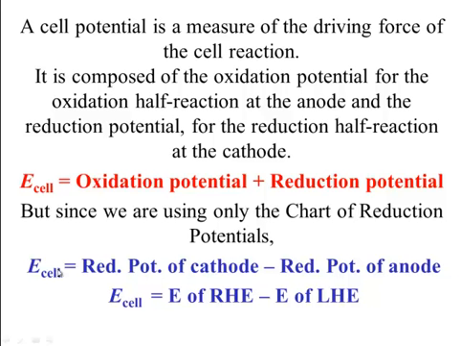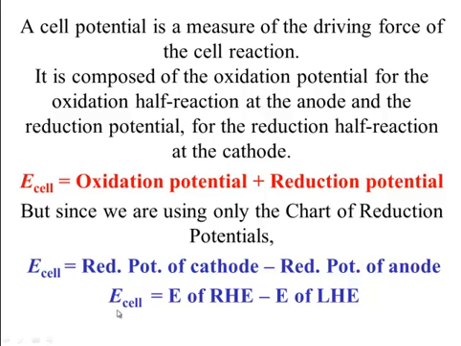So it is advisable to write the EMF of the cell by the formula reduction potential of cathode, which is the right half electrode, minus the reduction potential of the anode, which is the left half electrode. So EMF of the cell is E of right half electrode minus the E of left half electrode. Therefore these two quantities, E of RHE and E of LHE, are reduction potentials, and E cell is the EMF of the cell.